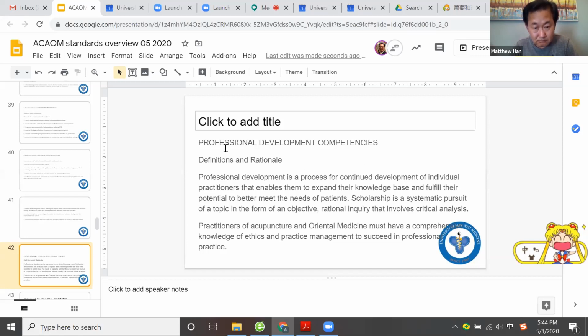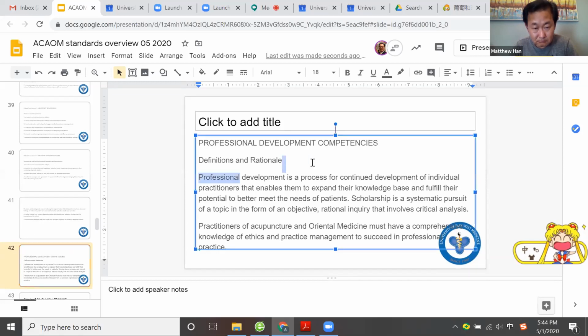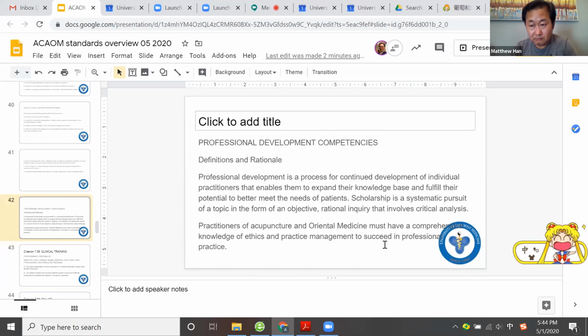So this professional development competencies section is talking about professional development, how we help our students continually expand their knowledge even after they graduate. The practitioner of acupuncture and Oriental medicine must have comprehensive knowledge in this field.